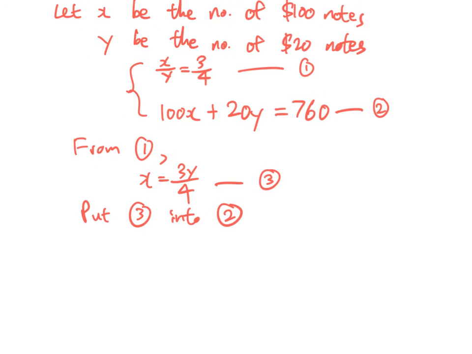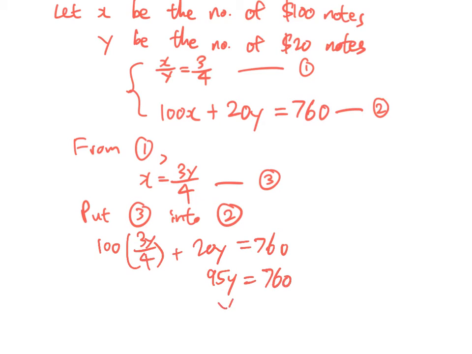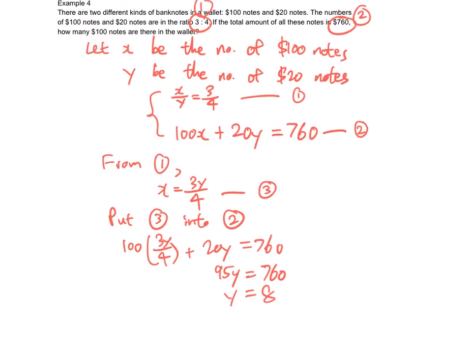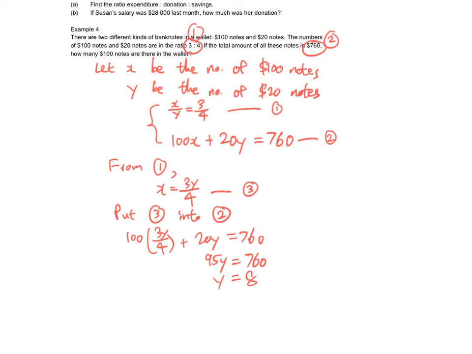So I put it back to the x. 100 times 3y over 4 plus 20y equals 760. So this is 95y. And then y equals 8. So y equals 8, how many are 100 notes?